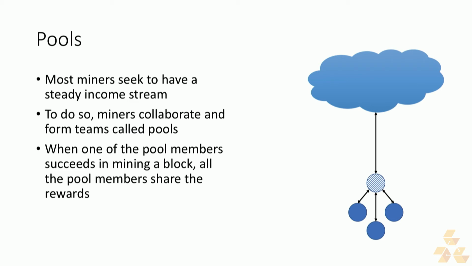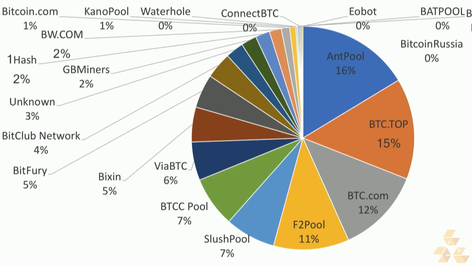They don't need to wait a few years until they get some income from their mining machine. I also looked last week at the pool distribution in Bitcoin. We can see that we have a few pools, about 6 or 7 relatively large ones, and a bunch of smaller pools.